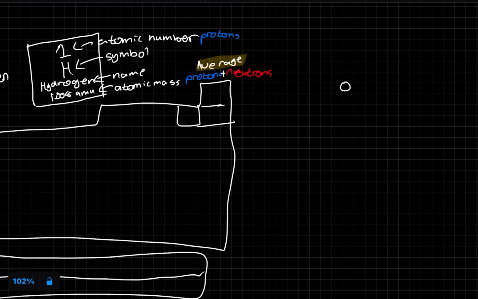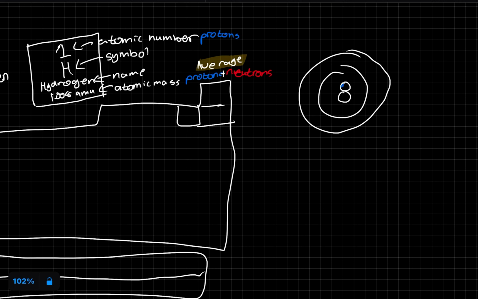Well, let's just say here's our hydrogen atom. Let's say that blue represents protons, red represents neutrons, green represents electrons. Protons have a positive charge.